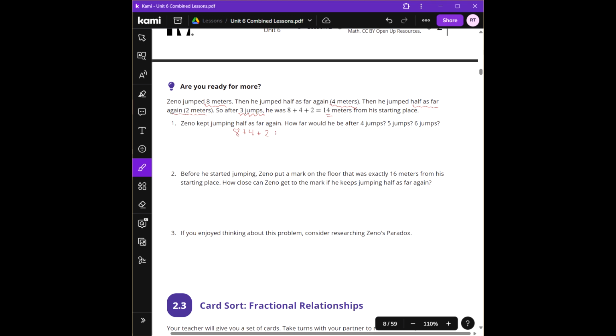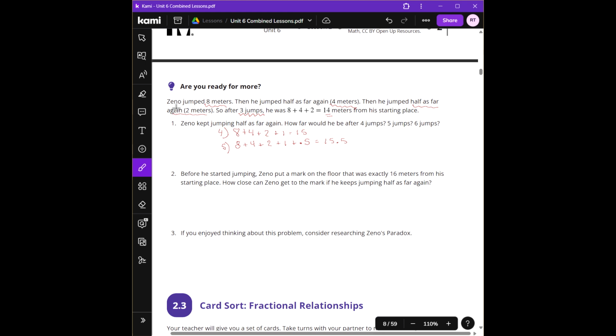Plus, for our 4th jump, it's going to be 12, 13, 14, 15. For our 5th jump, we're going to have 8 plus 4 plus 2 plus 1 plus half of 1. Okay, so that's going to be 15.5.